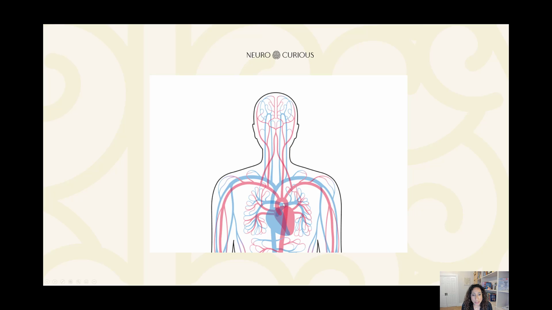So now let's focus on the blood flow to the brain. Blood flows from the heart up through the arteries, which are typically depicted in red. The arteries enter the brain on the left and the right in the posterior circulation. They enter up here centrally and then branch off to either side.